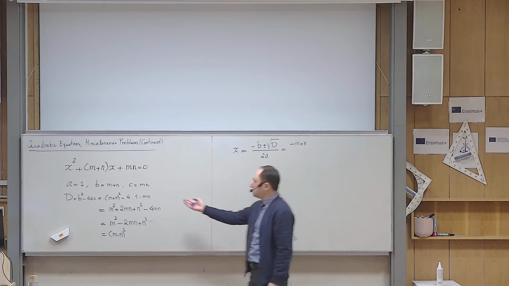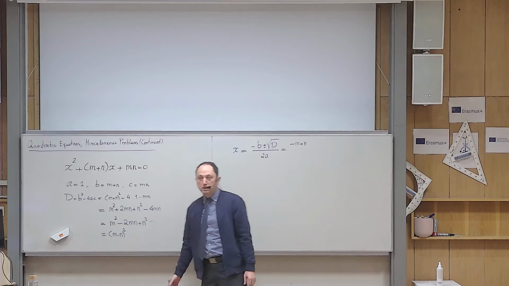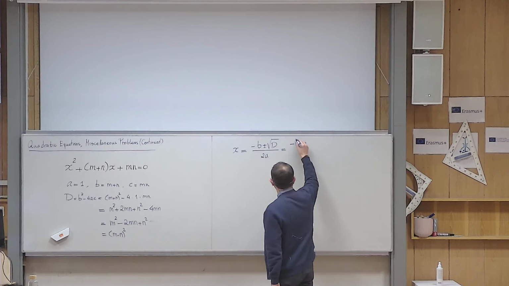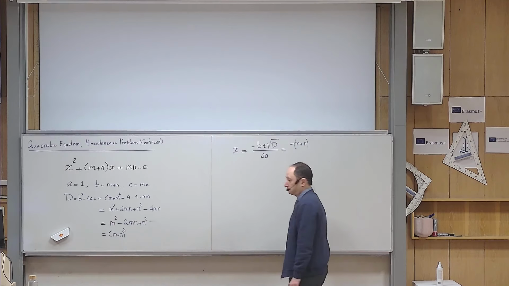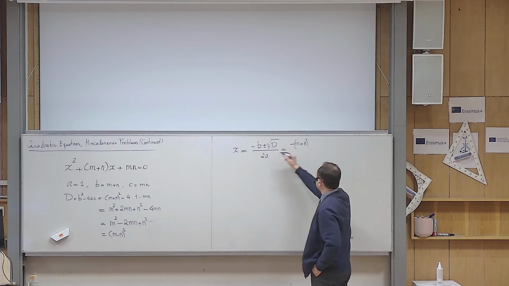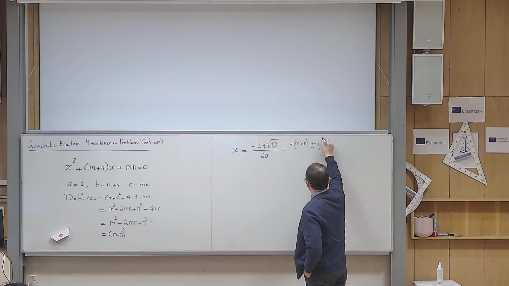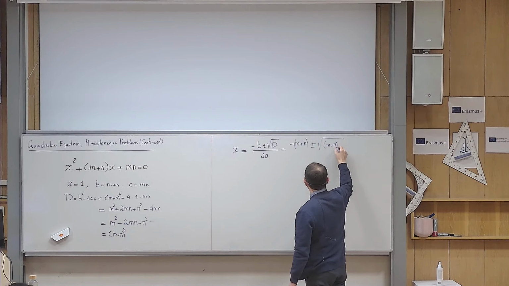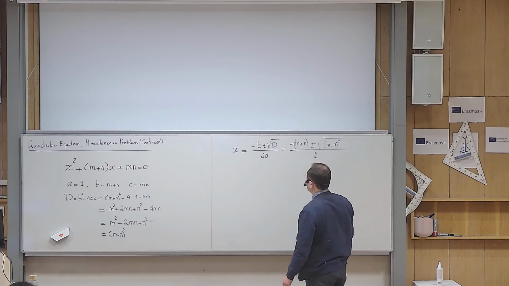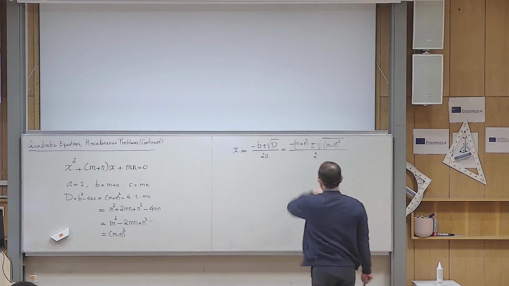Minus b, b is this object. Minus b means minus the whole thing. Yes? And then plus or minus the square root of d, which is (m minus n) to the power of 2, divided by 2a, which is 1. A is 1, so it becomes 2.